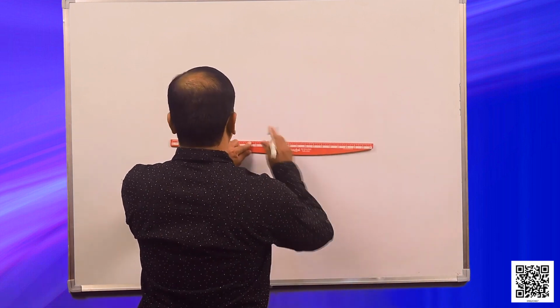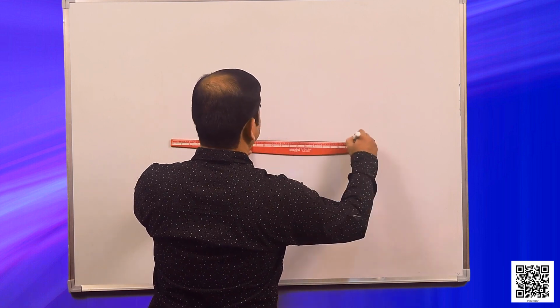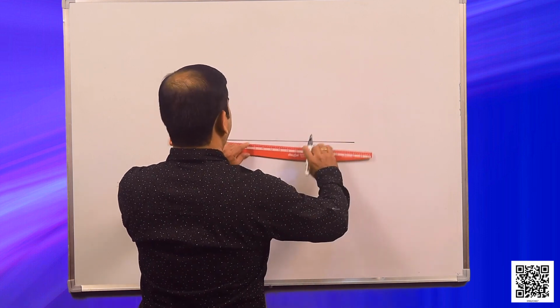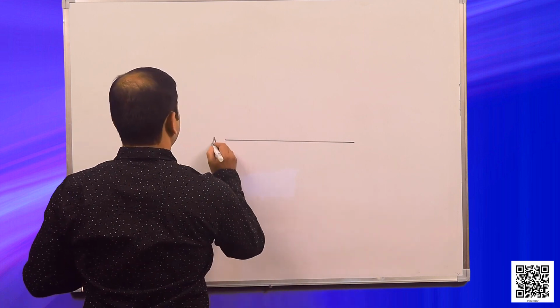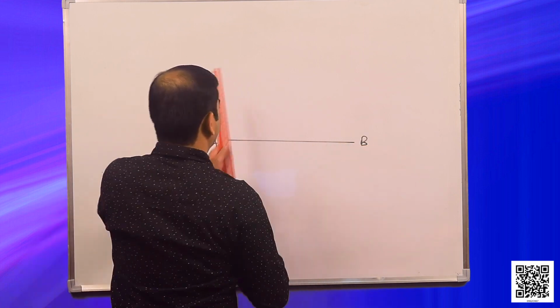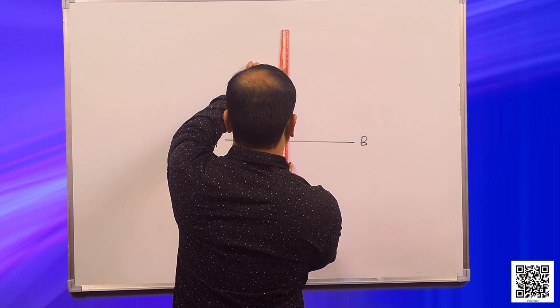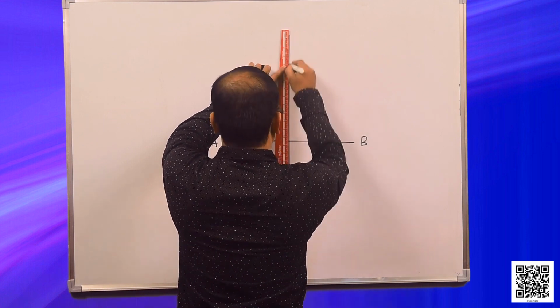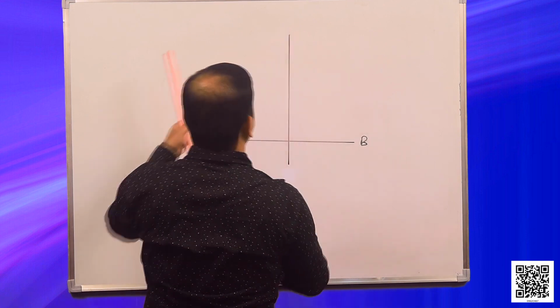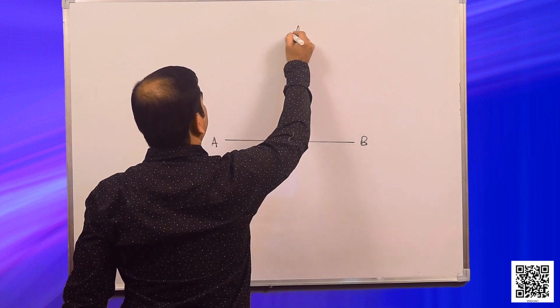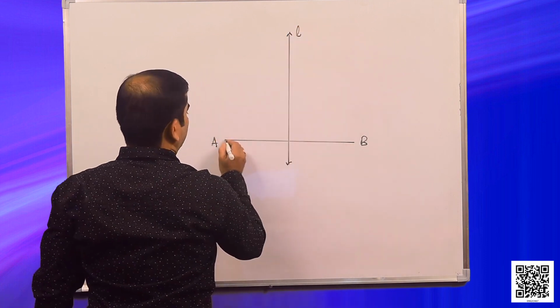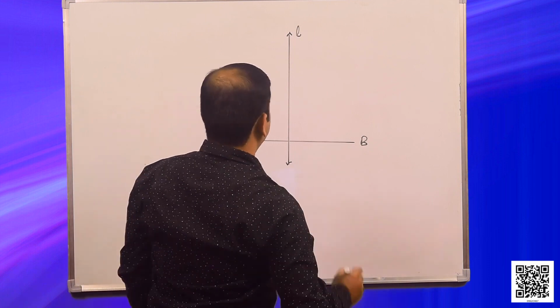As per the question, AB is a line segment and line L bisects it. Okay, this is your line L. This is the line segment AB.